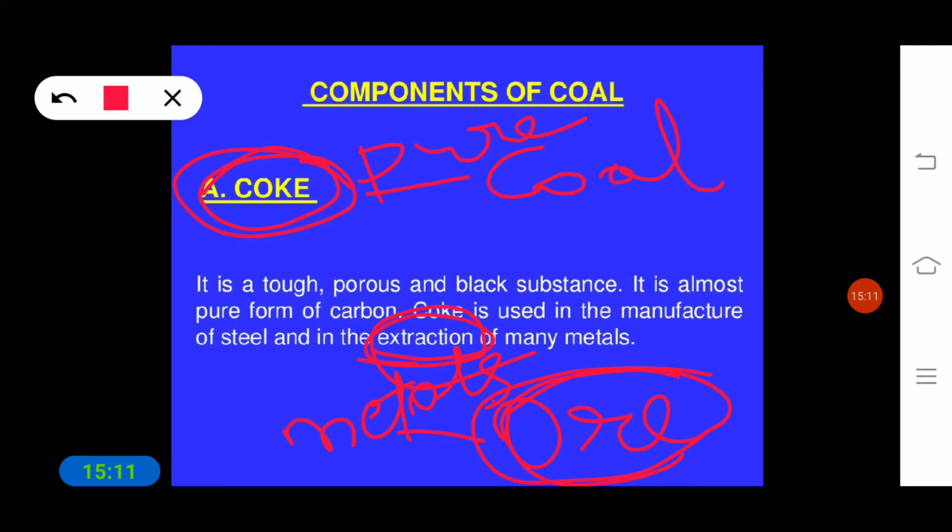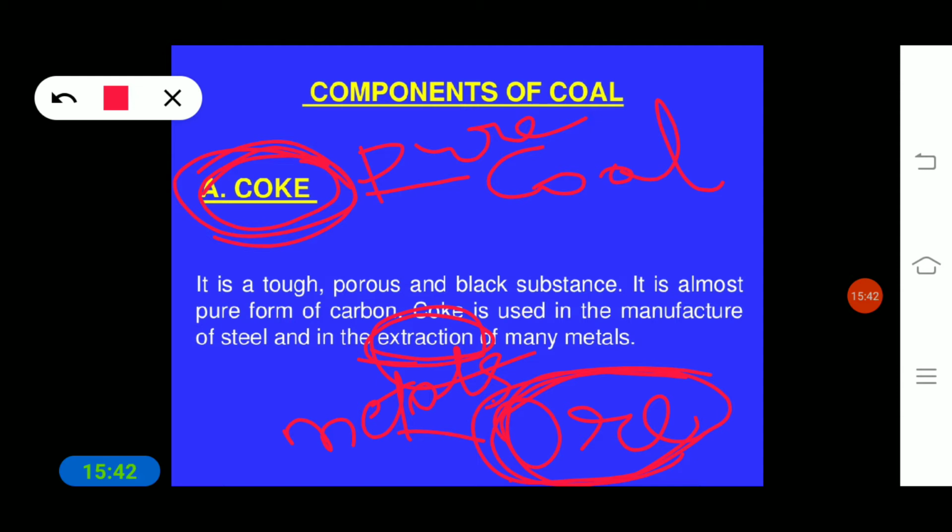So in the process of extraction we use coke. Along with coke, some other components are also used to extract metals from the ores. Metals means iron, copper, nickel, aluminium. So these are all the metals which are extracted from ore.